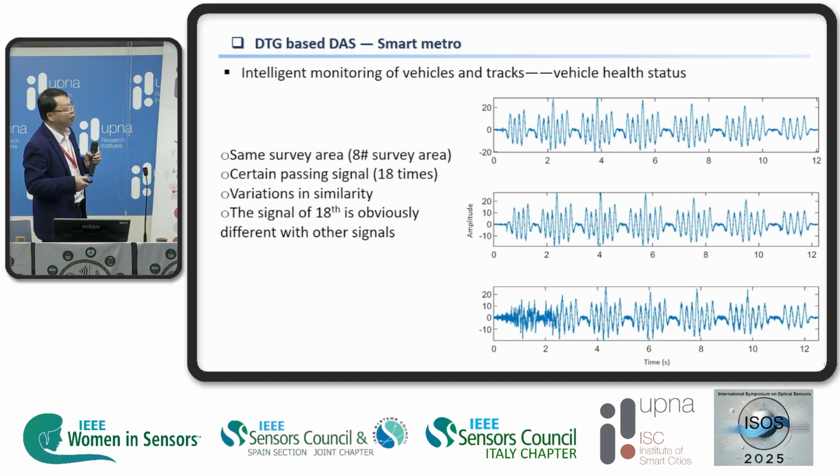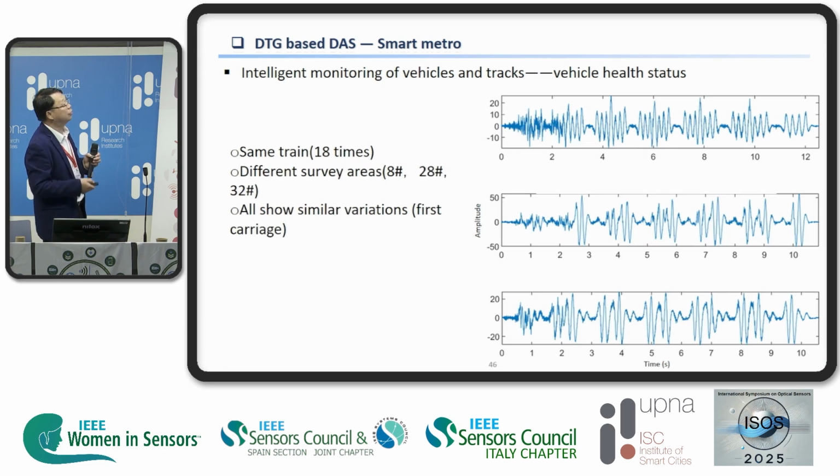If this is a normal spectrum like this, that's a normal FBG array. But in case of problem, there are some kind of singular or noise signal. So we catch this information, and this information can be analyzed later, and based on such information, they can get what happens with the metro, with what happens with the roads.